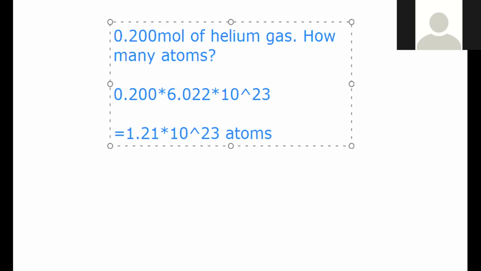So, do this one as well. Carbon dioxide exists as molecules of CO2. How many molecules are there in 0.125 moles of carbon dioxide? So we have 0.125 moles of CO2.